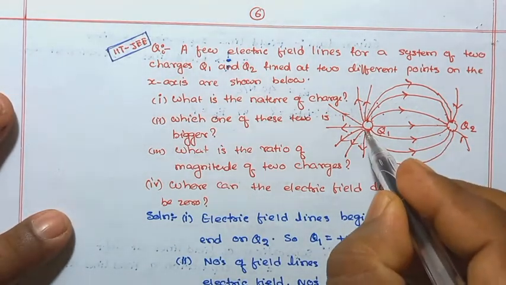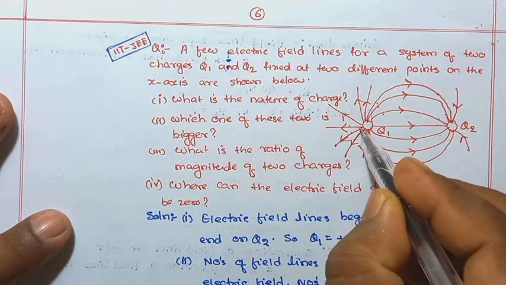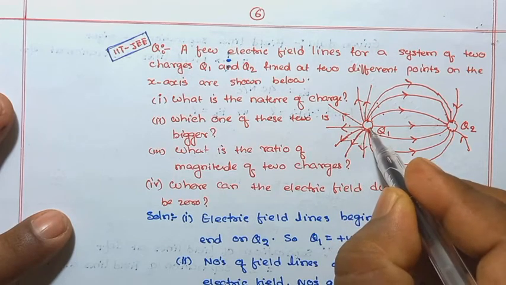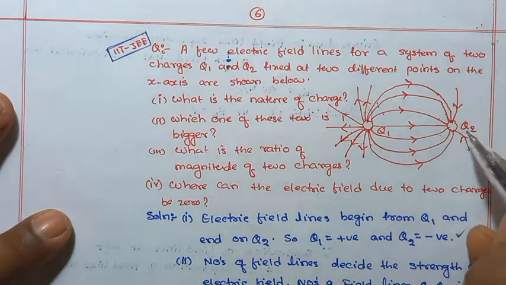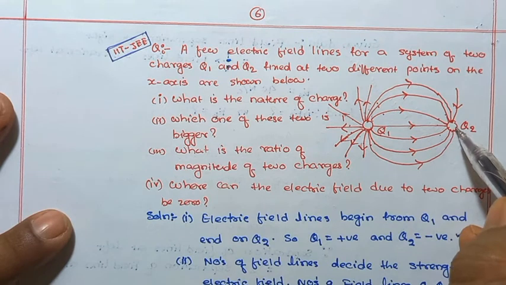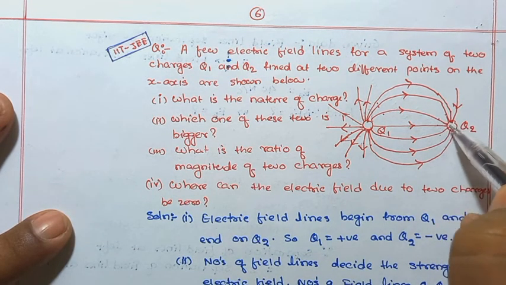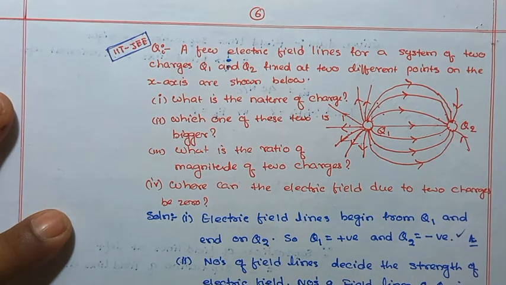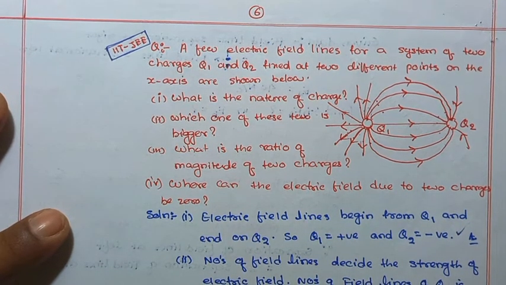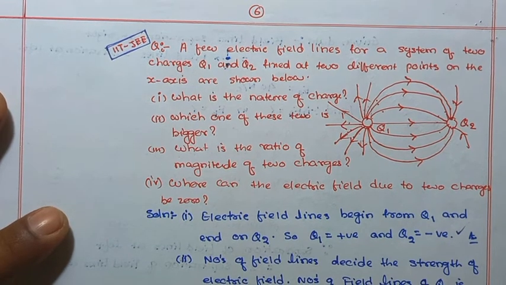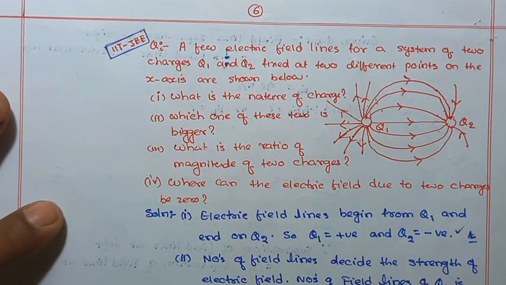So here the field lines are moving away, so it is a positive charge. And it is a negative charge because field lines are ending in this charge. So electric field lines begin from Q1 and end on Q2. So Q1 is positive and Q2 is negative. ठीक है?